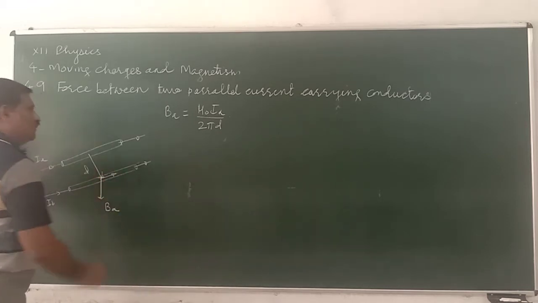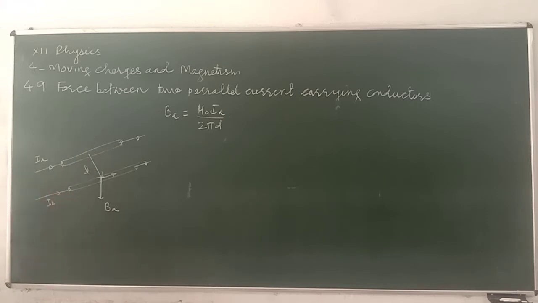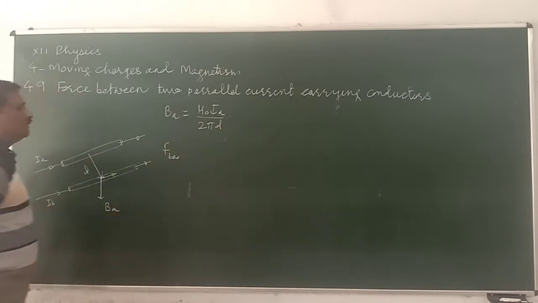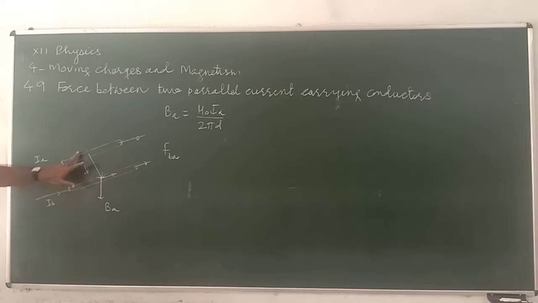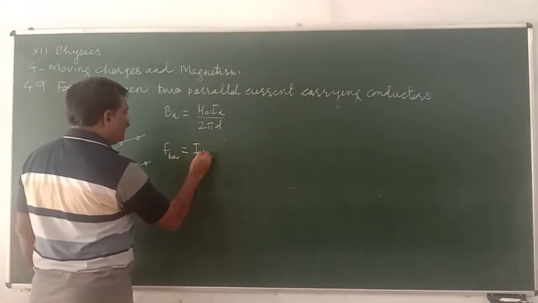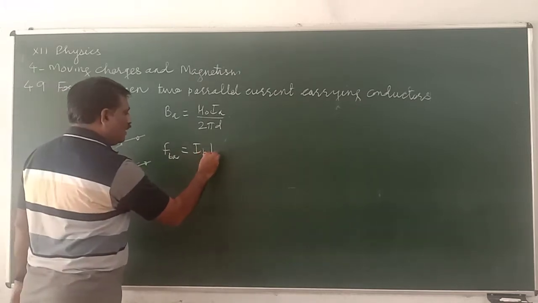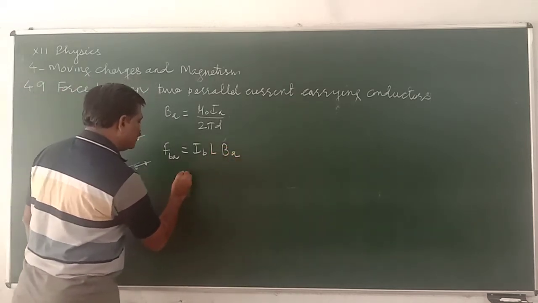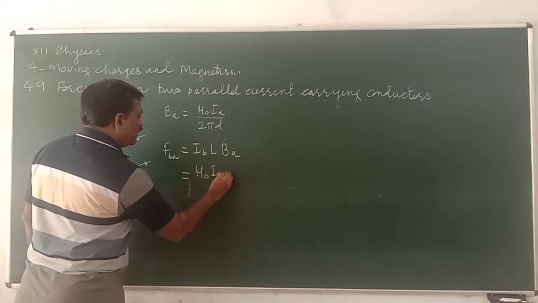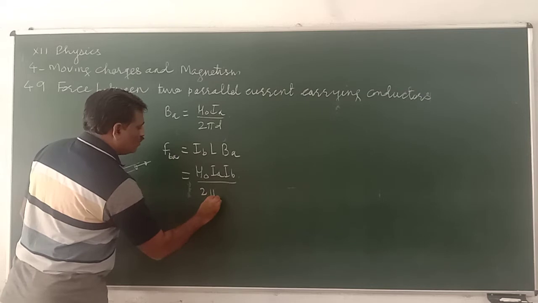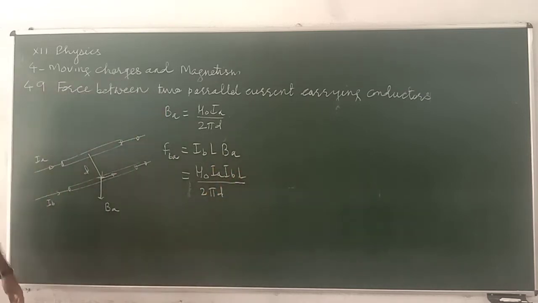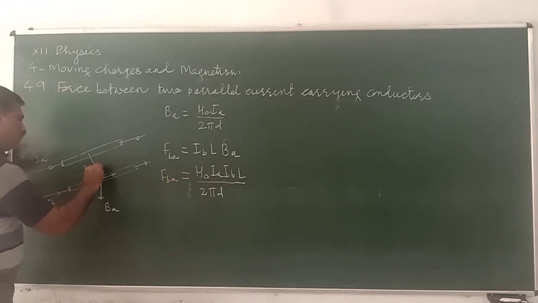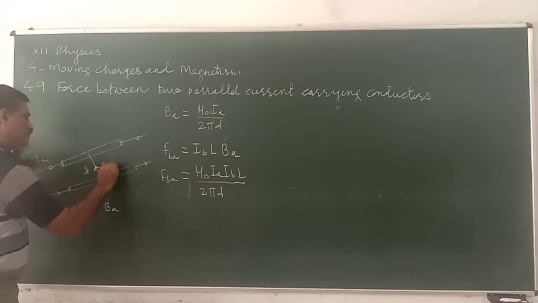When current passes through B and the magnetic field acts on it, the force on B due to A is equal to IB, the current through B, times the length L of B, times the magnetic field due to A. That becomes mu 0 IA IB L divided by 2 pi D. The direction of this force is towards the other conductor.